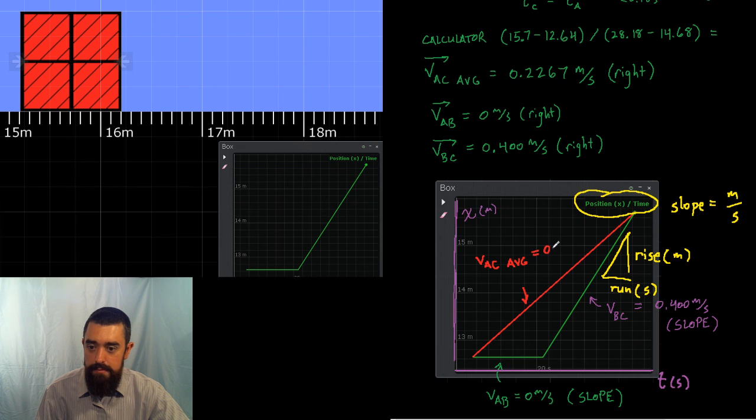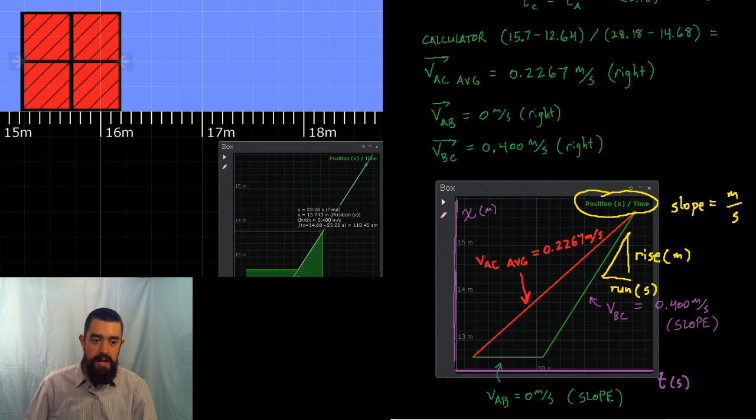And I got 0.2267 meters per second. All right, so I had a first velocity and a second velocity, but the average velocity only considers 2 points, from the beginning to the end, and it draws a straight line. The rise over run of that straight line would be the average speed for that time interval.